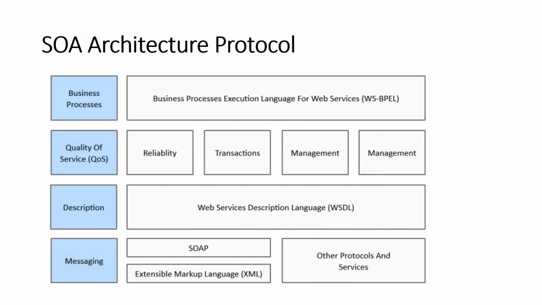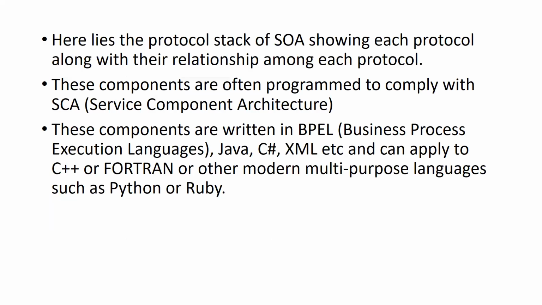For messaging, SOAP and XML are used, and other protocols and services are also used. This shows the protocol stack of SOA, with each protocol and their relationships. These components are often programmed to comply with SCA, that is Service Component Architecture, and are written in BPEL, Business Process Execution Language, Java, C#, XML, etc.